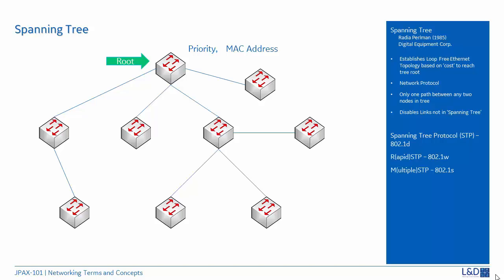Of course, proprietary versions have also popped up along the way. Per VLAN Spanning Tree, PVST and PVST+, and Rapid Per VLAN Spanning Tree, which are proprietary versions created by Cisco, and Juniper Networks' answer for compatibility to Cisco's PVST, VSTP.